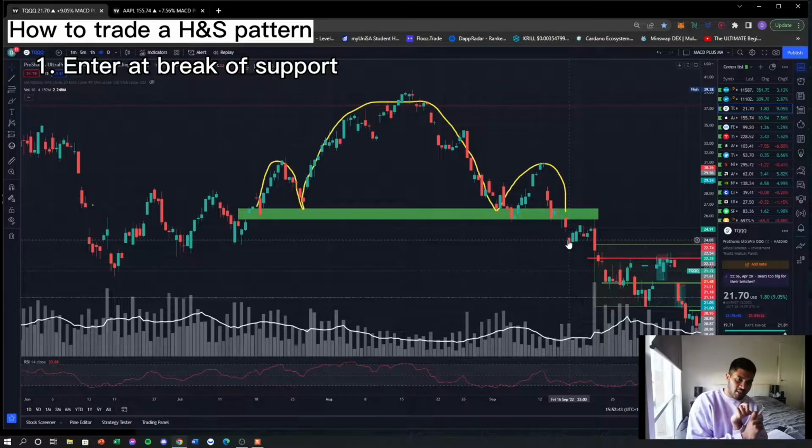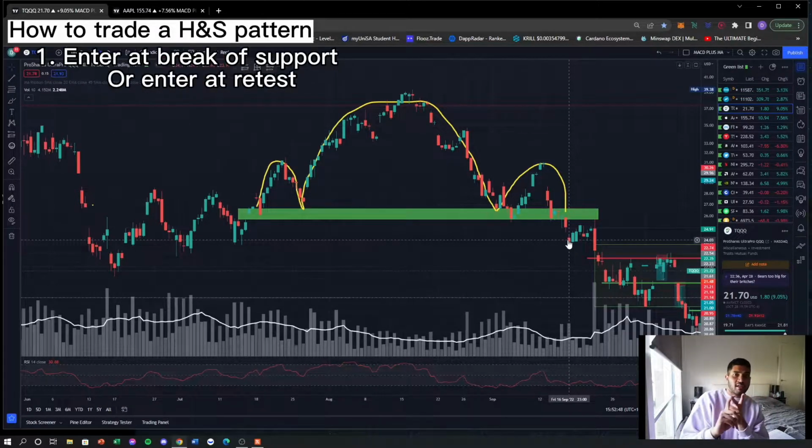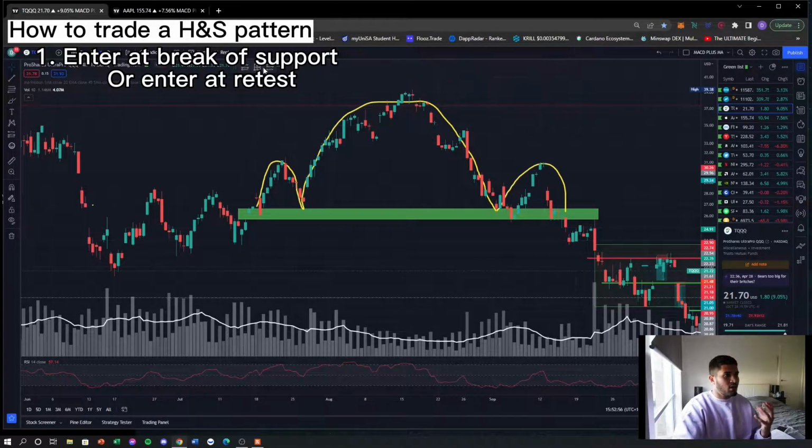So one thing you can do is enter when that level of support breaks, or you can be smart and enter on the second round. There is a possibility where the second round doesn't occur, but let's take this scenario. When I'm trading this, I usually wait for the second time around because I need confirmation.